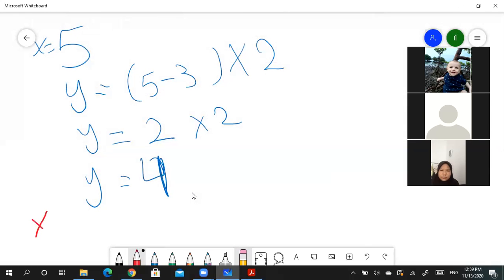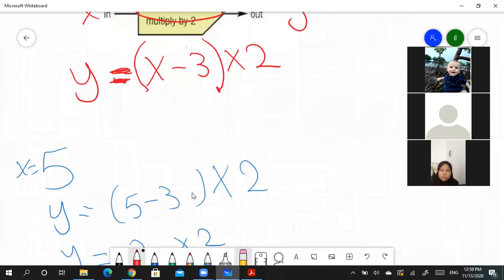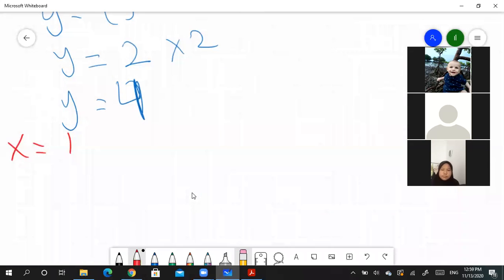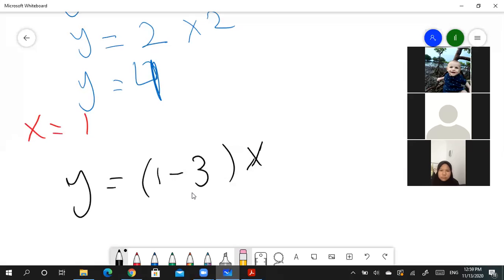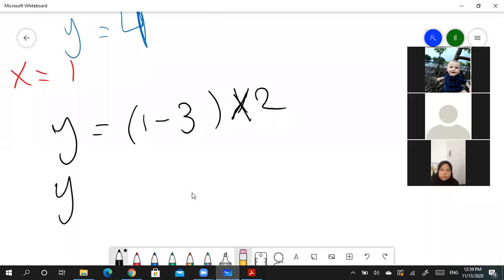If x equals 1, what will be the output? y will be equal to x minus 3, so 1 minus 3, multiplied by 2, according to the function. 1 minus 3 is minus 2.